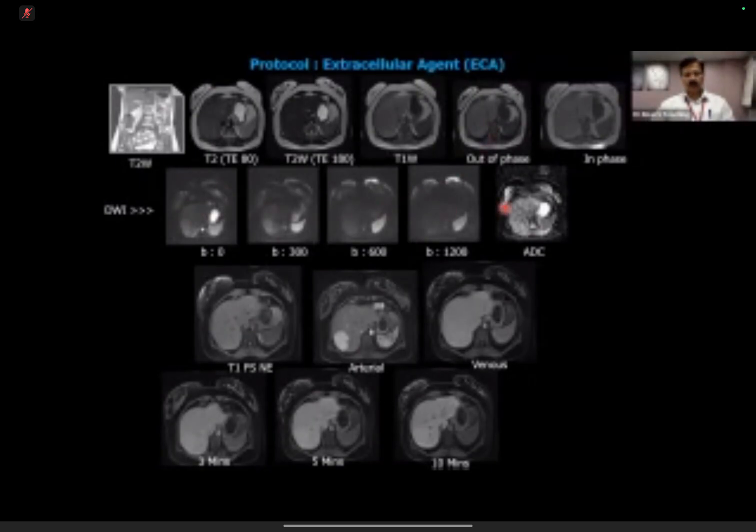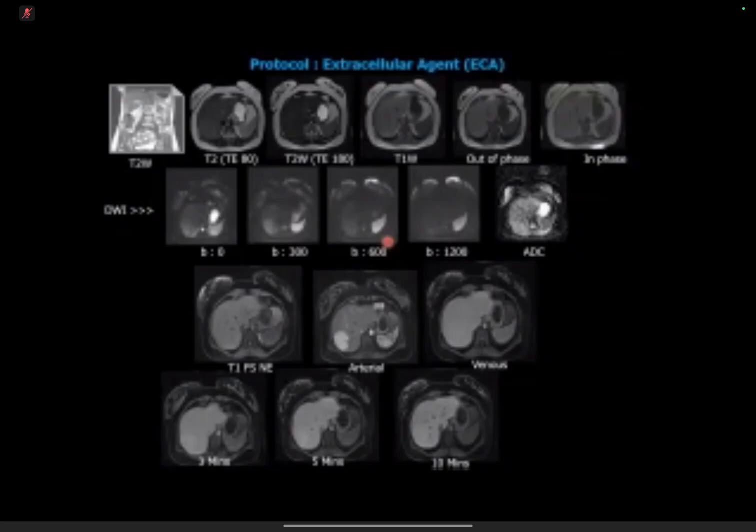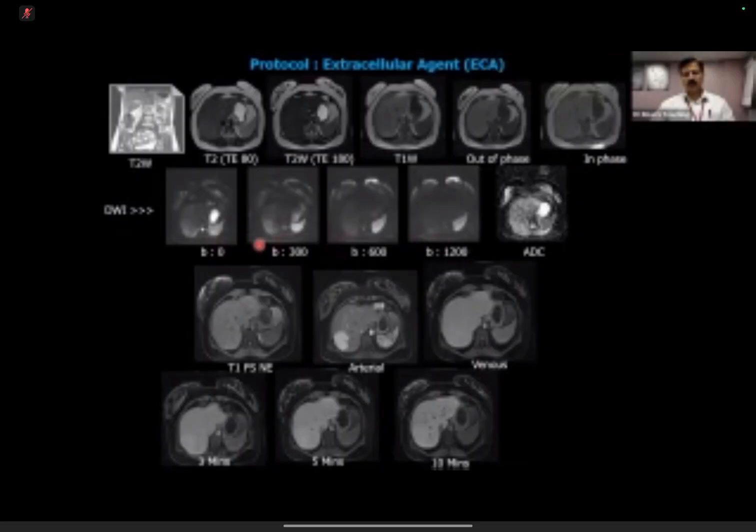Then we do a diffusion weighted sequence. Now the diffusion weighting in body imaging, particularly liver, is different from diffusion weighting for, let's say, the brain. Basically what we do is we give 4 sequences of increasing B value. Initially B0, then B300, B600, B1200.